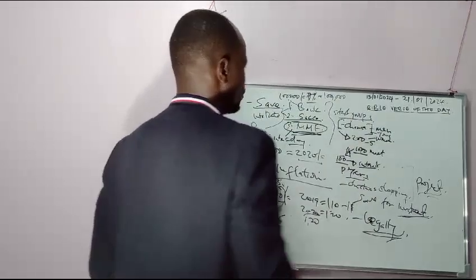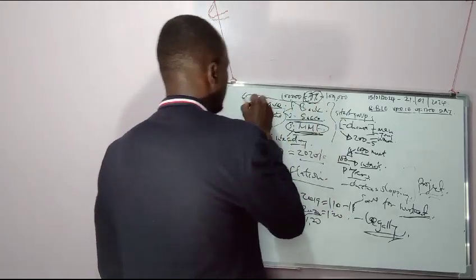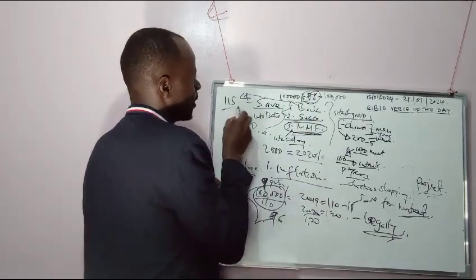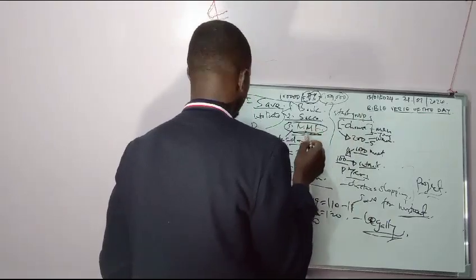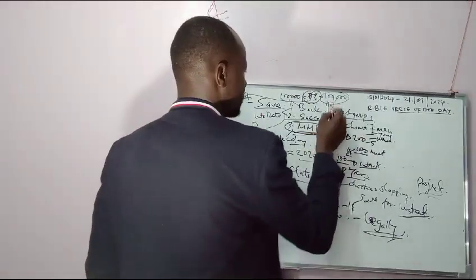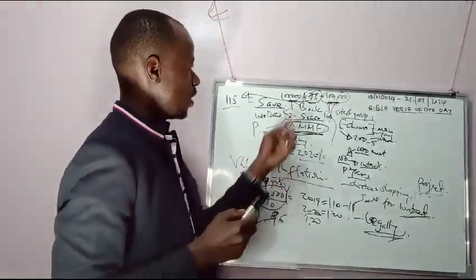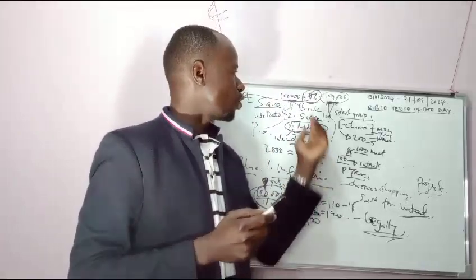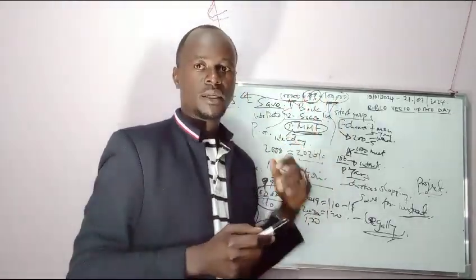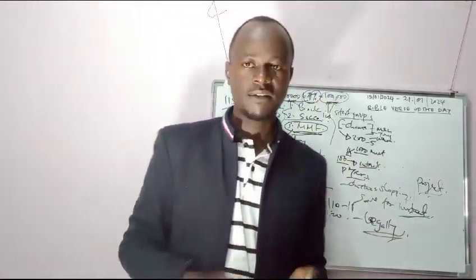Now, the shilling value at the start was 115, and at the point when you're getting the interest, the shilling was 118. You will realize this money is the same as what you had when you were starting. So the inflation factor balances your money to be equal. You end up thinking you're saving, but you are just having the same amount.